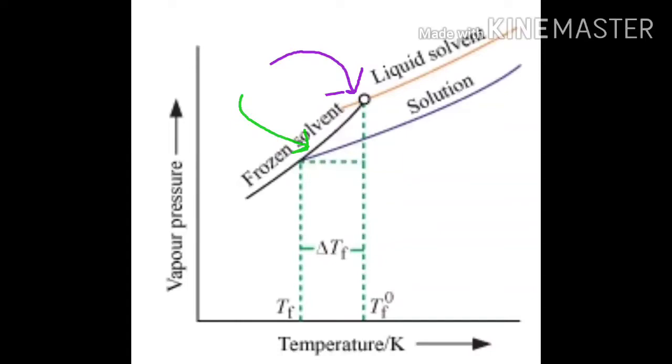You can clearly see the difference between the two points, and in the graph further we will see these two points, TF and TF0, where TF0 has the higher temperature compared to TF. That means we can clearly say that the freezing point of the pure solvent is obviously greater than that of the solution. So there has been a depression.